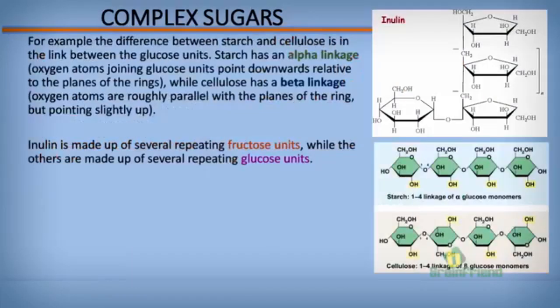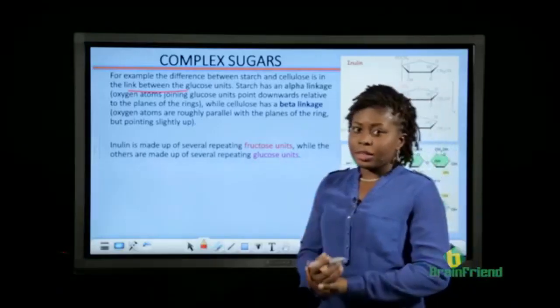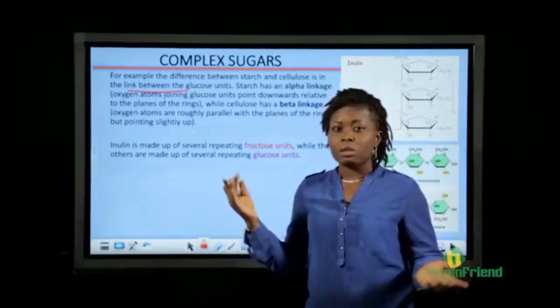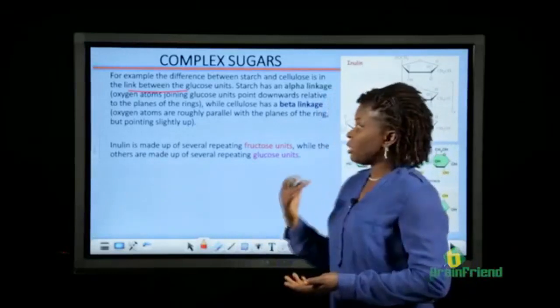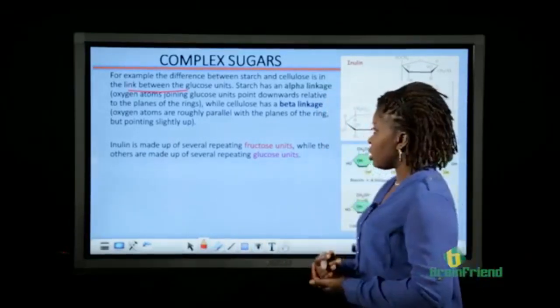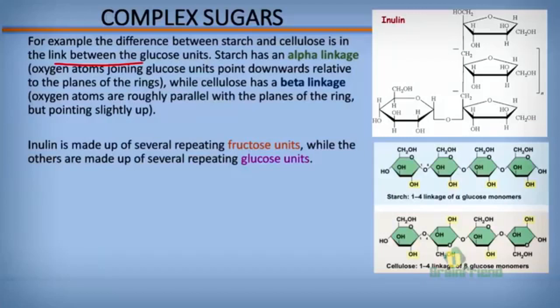For example, the difference between starch and cellulose lies in the link between the glucose units, because starch and cellulose are both made up of several glucose units, but their difference lies in the link between the glucose units. Now, starch has what we call an alpha linkage.